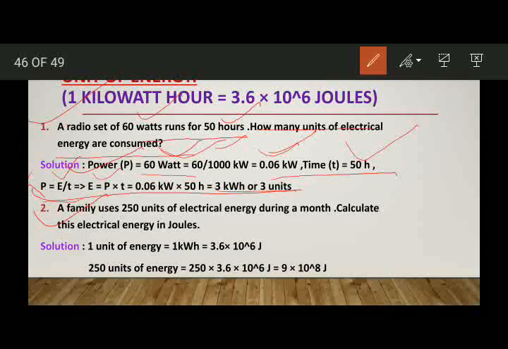Similarly, we have another numerical. A family uses 250 units of electrical energy during a month. It means energy is given. Calculate this electrical energy in joules. You have to convert it into joules.